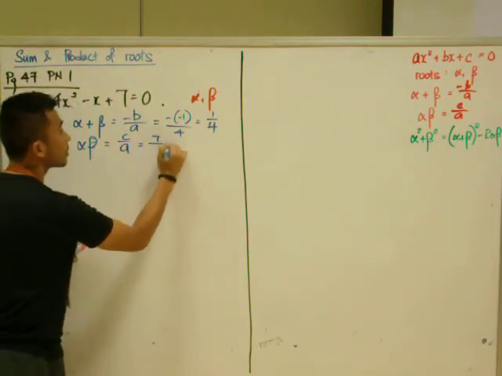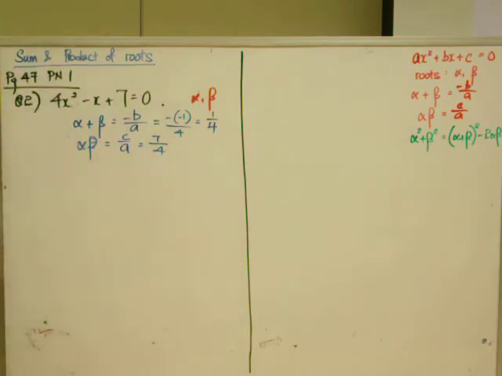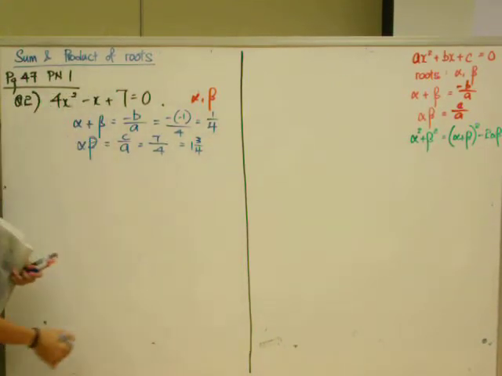What's the value of A? 4. Can I leave my answer this way? Yes. This is not the final answer. This is just my working. If this is your final answer, of course you need to reduce to 1 3/4. But there's nothing wrong if your intermediate working is just 7/4.